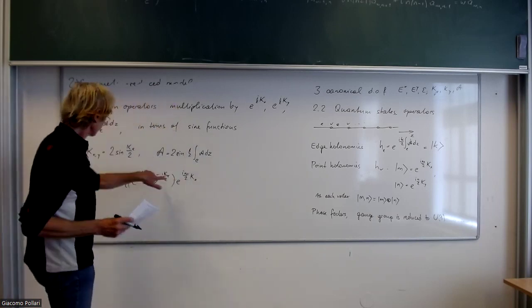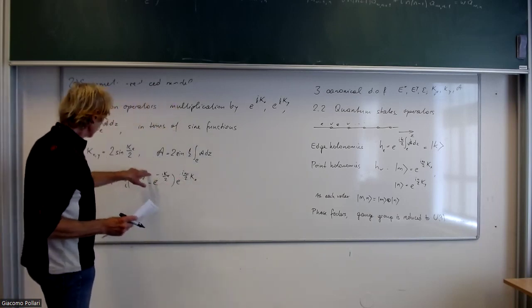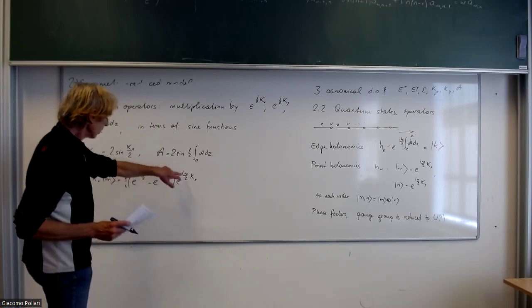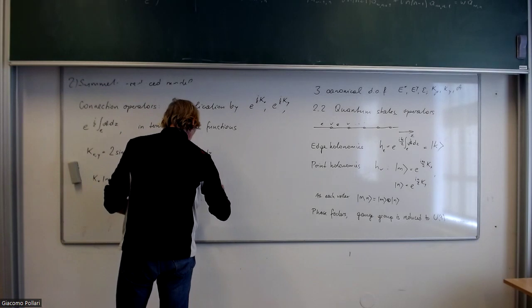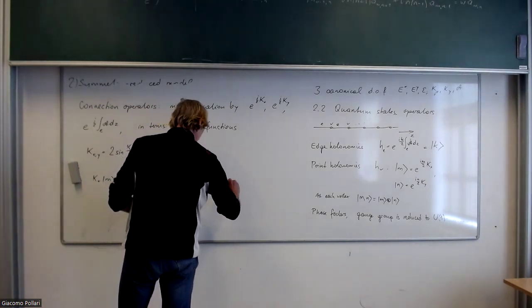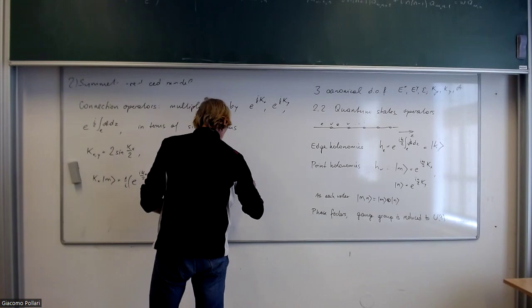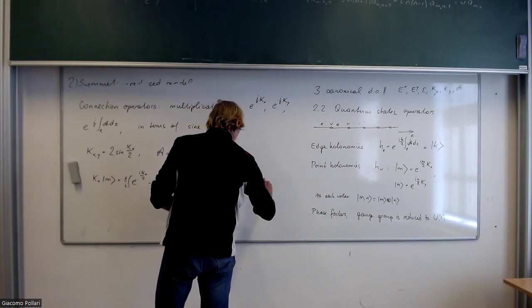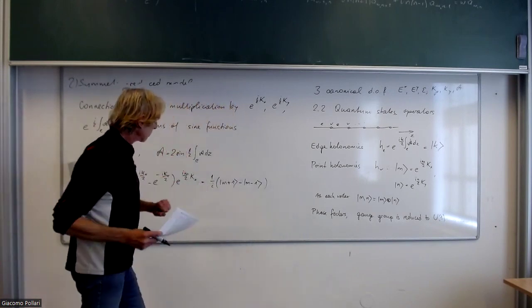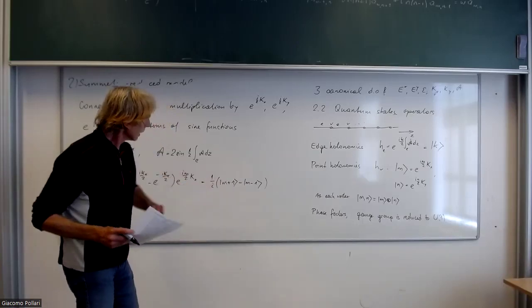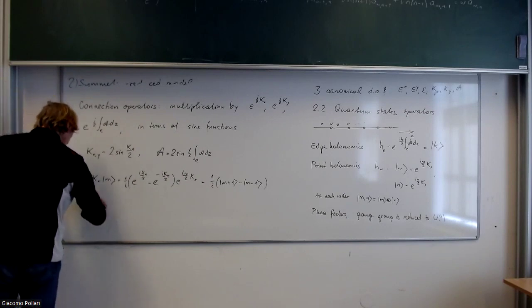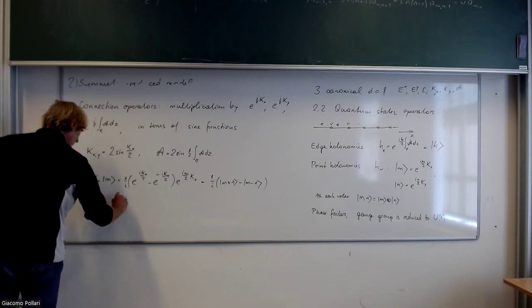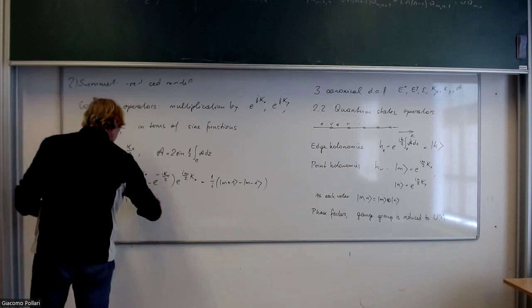So here n becomes larger by 1, here it becomes smaller by 1. So what we get is 1 over i, n plus 1 minus n minus 1. So it's a combination of a raising and lowering operator. And of course, the y analogs, and also a.